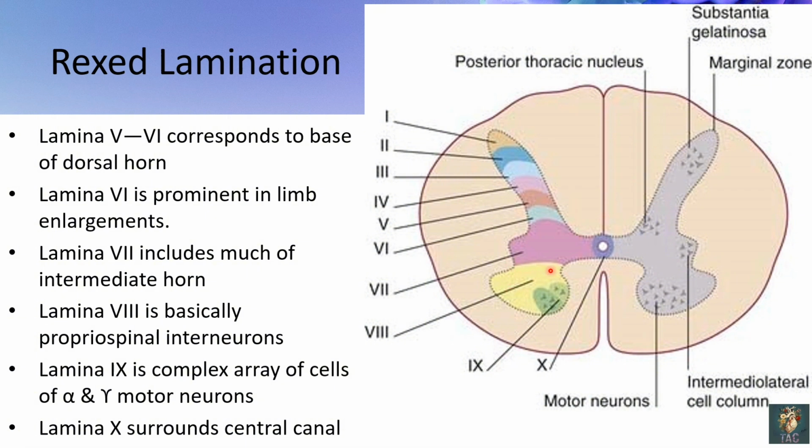Lamina 8 is basically propriospinal. It is motor in nature. Lamina 9 contains alpha and gamma motor neurons, and lamina 10 contains the gray matter which surrounds the central canal. So these are the different laminae called the Rexed lamination.